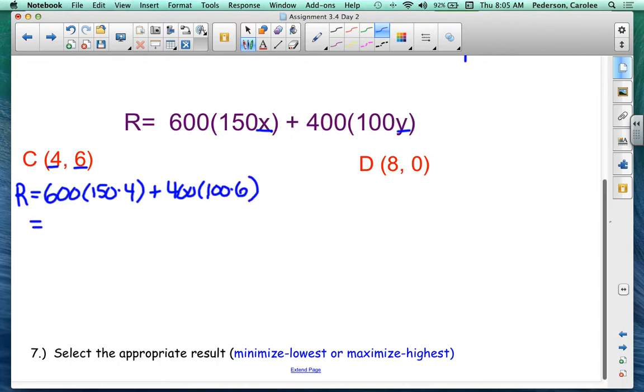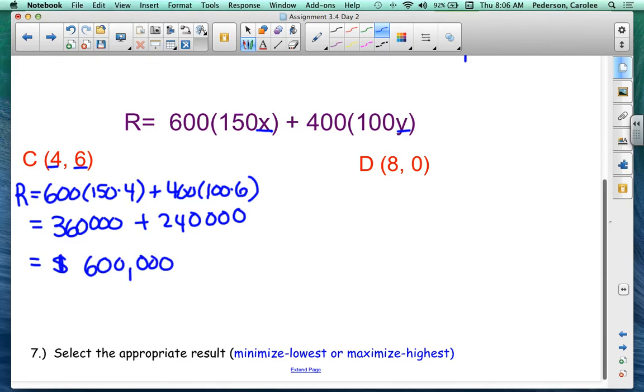So 600 times 150 times 4, and then 400 times 100 times 6. Now we'll add those 2 values together. And our revenue is $600,000.